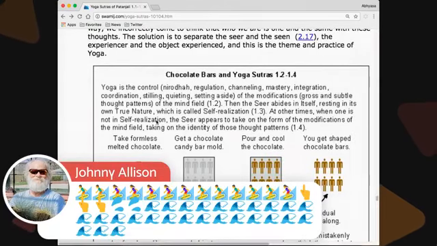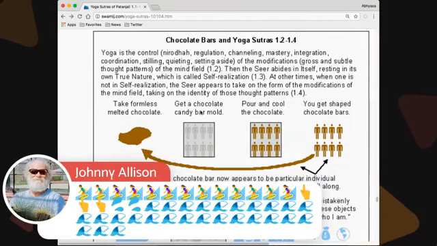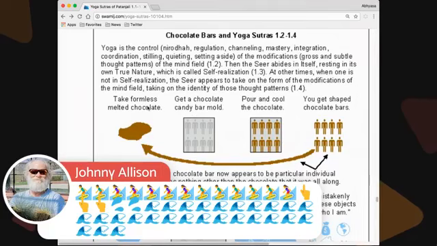Now the graphics are not very good on here, but it's what I had to work with. These are chocolate bars. So here's a big bunch of melted chocolate, and you take a form like you'd use where you put cookie dough in, and you take your chocolate and you put it inside of the mold. You pour and cool the chocolate, and you get little chocolate bars.